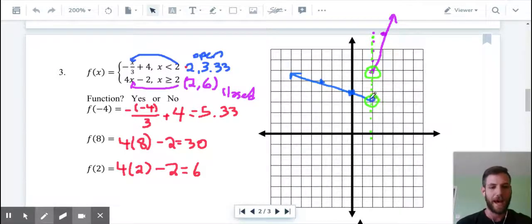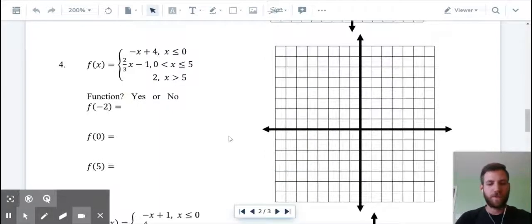I'm not counting that as a point because we only cared about, for the blue, less than 2, not equal to 2 at all. So we would just only worry about the solid pink dot that we saw earlier, part of that pink graph. So I would say that yes, we have no overlapping points other than a closed and open circle overlapping each other, which is actually okay to have.